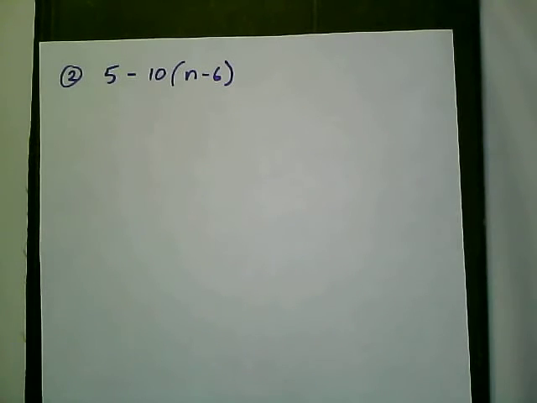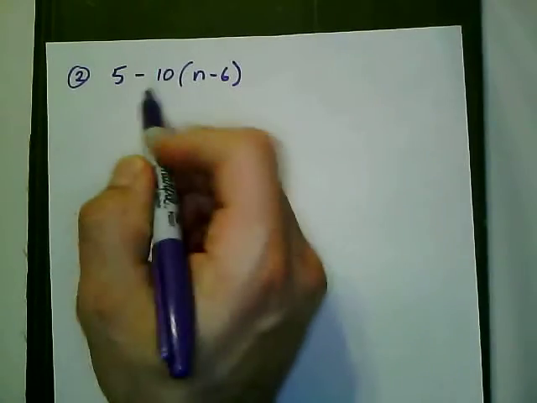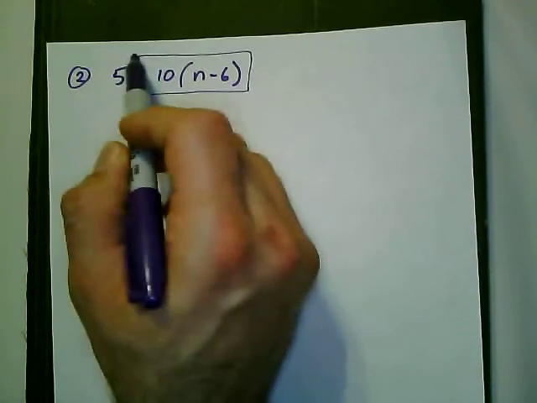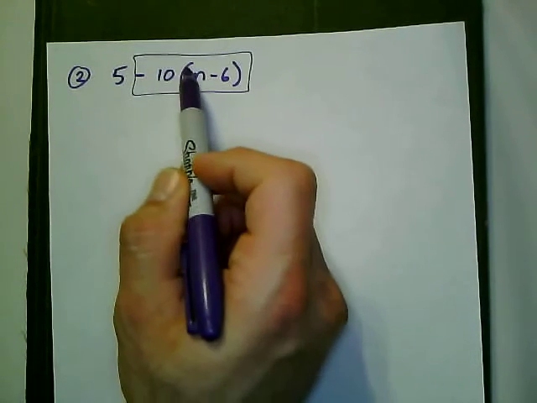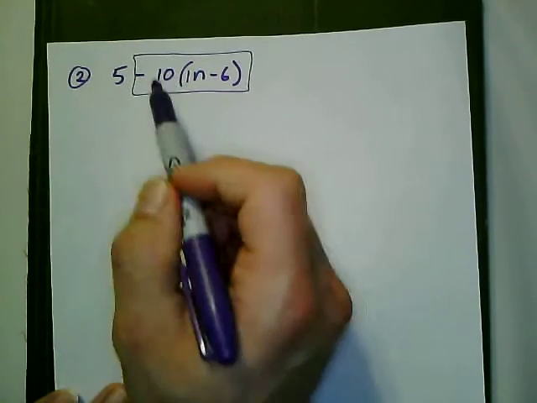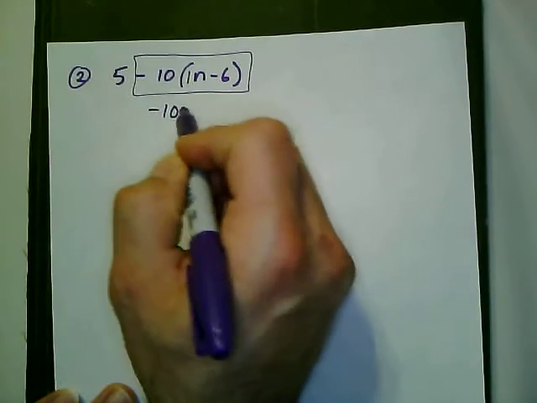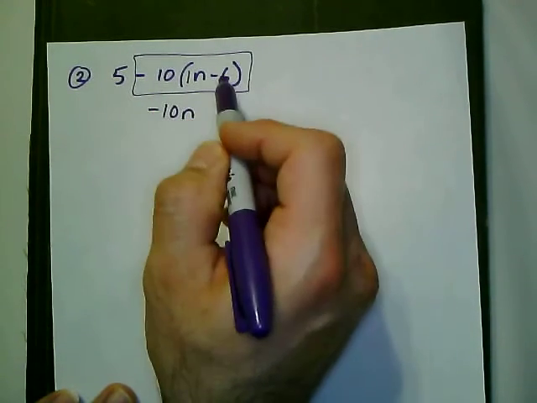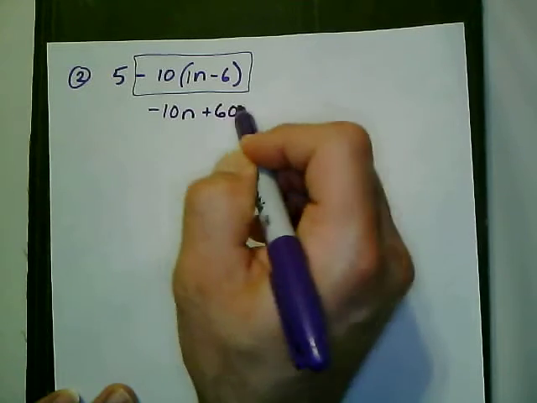let's look at number 2. All right, so what we're gonna look at is this part right here. If it helps, you can go like that. So it is negative 10 times, and of course we put the 1 there. So negative 10 times 1 is negative 10, and together they have 1n, and negative 10 times negative 6 is positive 60.